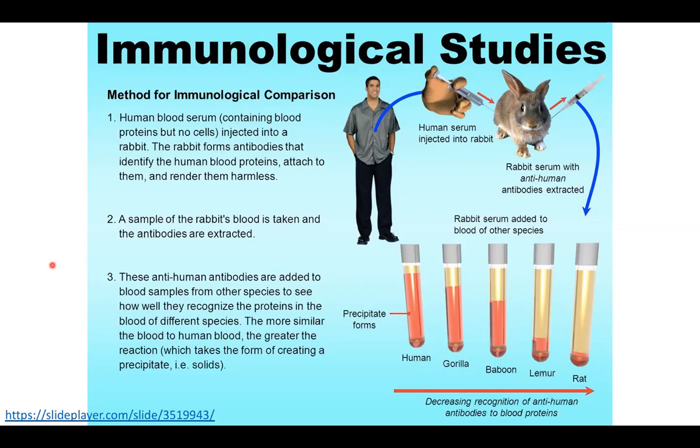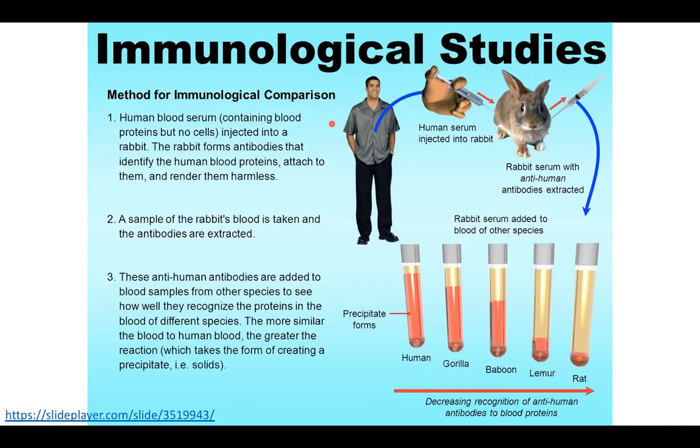So what one might do here is take some human serum. So take some blood, remember centrifuging, you spin it so the cells will pellet to the bottom of the tube, and then you just take the plasma off the top and you leave the cells behind. Take that serum, inject it into a rabbit, poor rabbit, and the rabbit will make some antibodies to that serum.